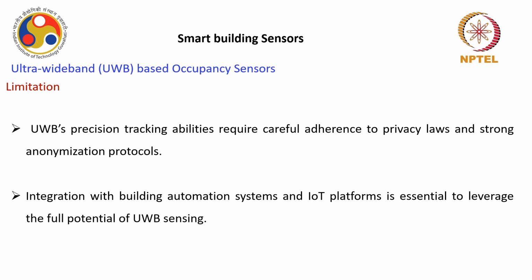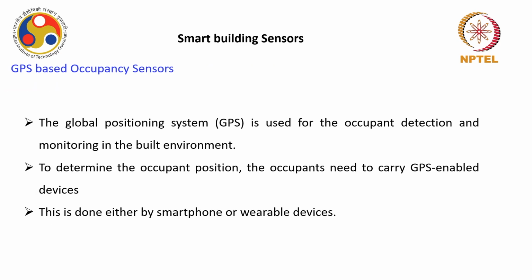The integration with a building automation system and IoT platforms is essential to leverage the full potential of UWB sensing. However, this kind of integration is not easy because the wavelength that you are using here is an odd wavelength, and none of your systems are utilizing it, okay. So you have to integrate it with the existing BMS system very carefully, okay.